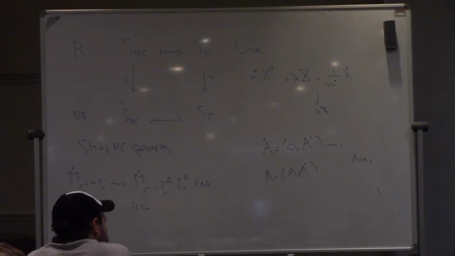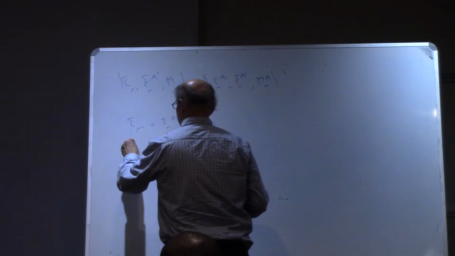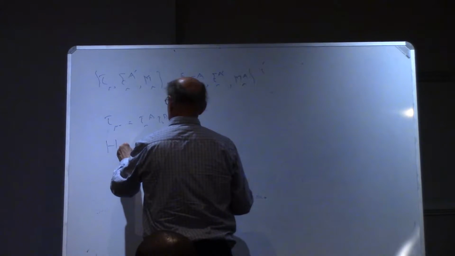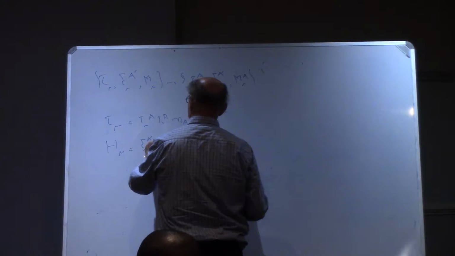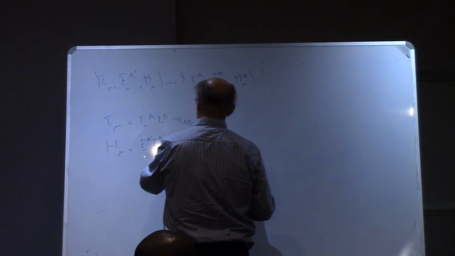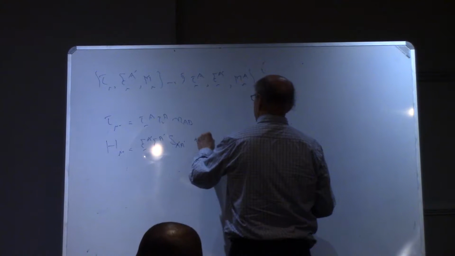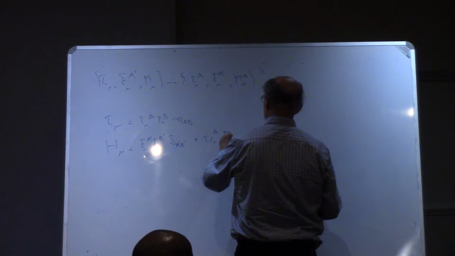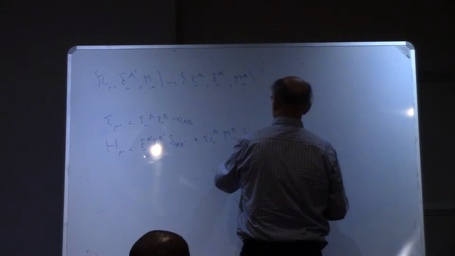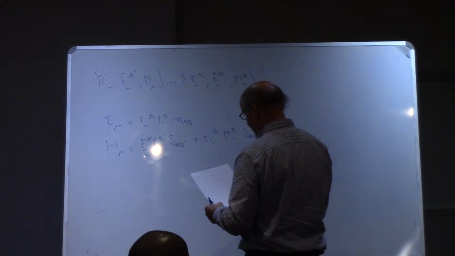Eta AB is the 2-dimensional Lorentz metric in the longitudinal directions, and there is the transverse metric, which is just E mu A prime, E mu B prime, delta A prime B prime. But that's non-boost invariant, and then you can compensate it by adding an extra term, tau mu A times M mu B, with delta AB, which is in the longitudinal directions. And that is then nicely invariant. And then you're almost ready to write down the action.